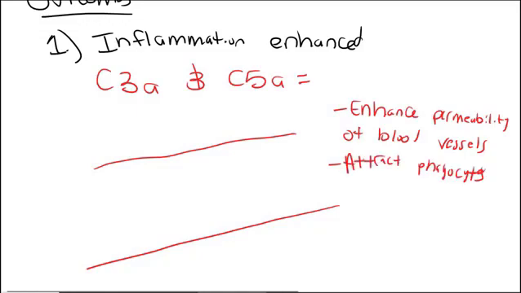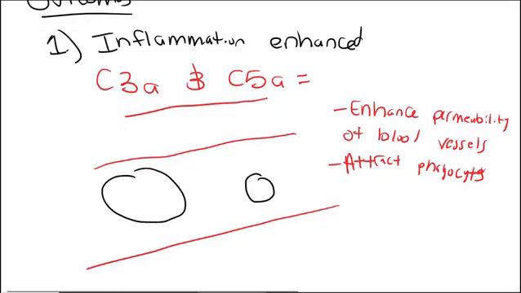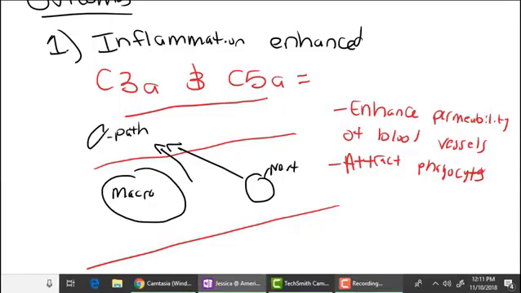So when C3a and C5a are produced, the blood vessels become dilated, and macrophages, here's a big macrophage, and neutrophils can move to the site of the pathogen. So here's the pathogen, here's a macrophage, here's a neutrophil. C3a and C5a allow them to move faster and toward the site of the pathogen. So that's the first outcome of the complement system.